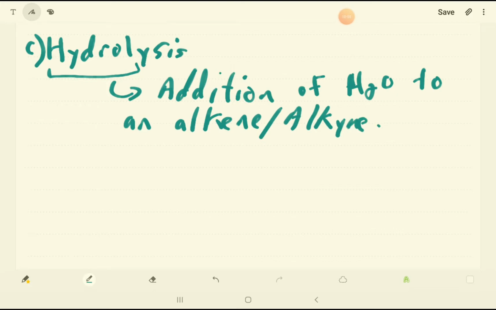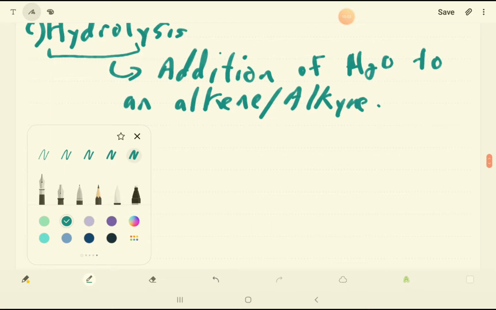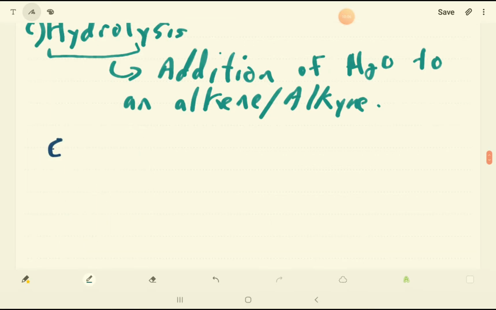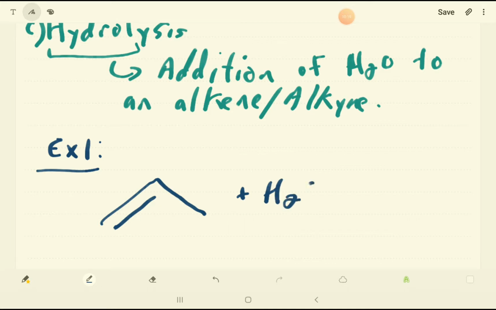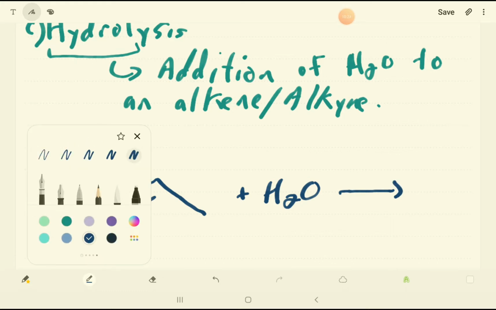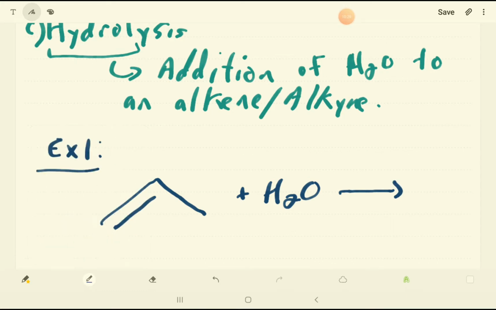So let's look at an example here. Let's say we have this. Okay, and we add water. Okay, now, in previous chemistry classes, I told you guys that you can rewrite water as HOH to help simplify the balancing.